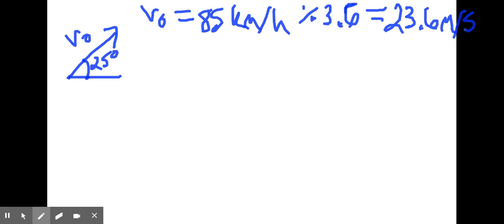Okay. Next, let's write down what we're looking for. I'm going to shrink this up a little bit so that we have more space for what we're working on.